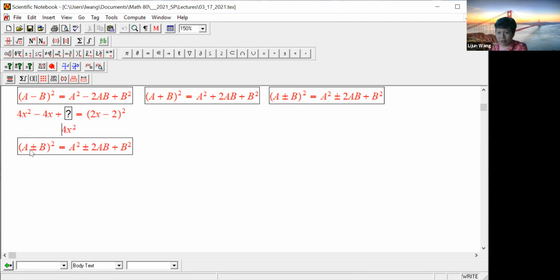So what you have here is 4x squared, and you have to identify the a. In this case, you have to identify both a and b. That's the challenge. 4 is 2 squared. So 4x squared is really 2x inside the parentheses square.